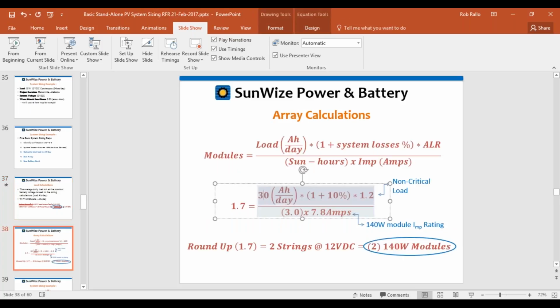So if we plug 200 in here, we're going to multiply 200 times 1.1 times 1.2. Divide that by 3 sun hours a day. Divide by 7.8.